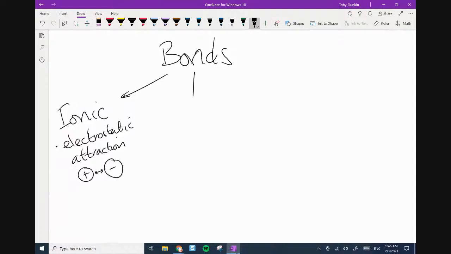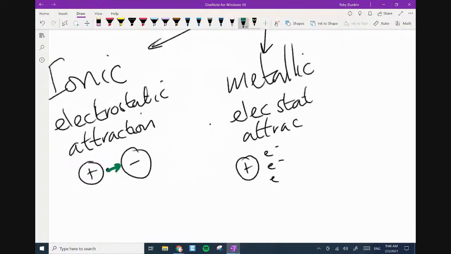Then we had metallic bonds, which is the electrostatic attraction between the cations and the delocalized electrons. So we've been looking at all of these different bonds so far. So there's the ionic one, there's the metallic one.